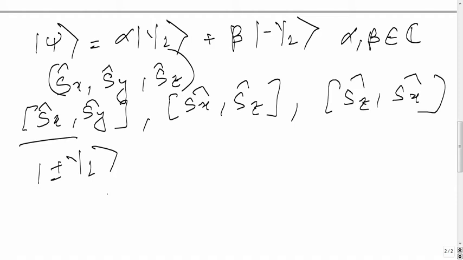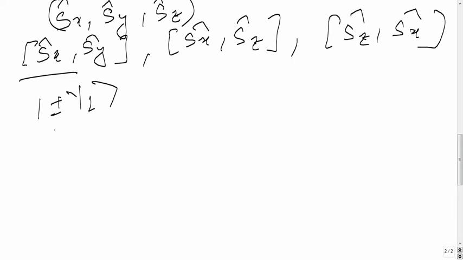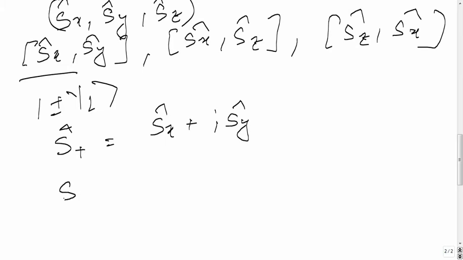So therefore the same analysis can be made as in the case of generalized angular momentum, and similarly we can define the raising and lowering operators as S plus hat, similar to generalized angular momentum, as this.